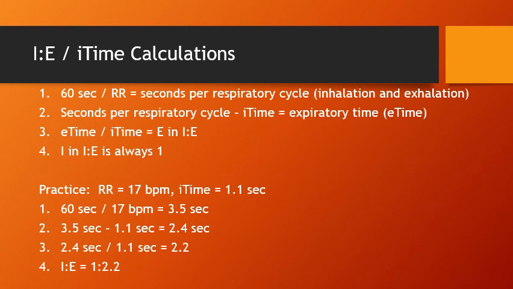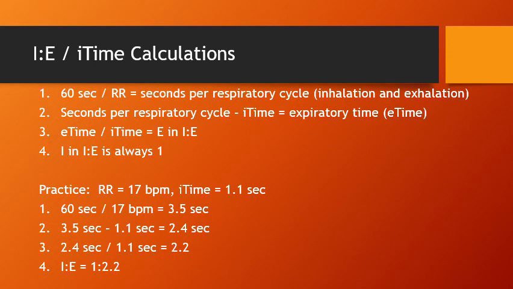So this is step one here. There are 60 seconds in a minute, right? And remember we said that respiratory rate also factors into this I/E ratio. The two factors that affect the I/E ratio are the I time and the respiratory rate. Respiratory rate is measured in breaths per minute, right? Per minute. So there are 60 seconds in a minute.